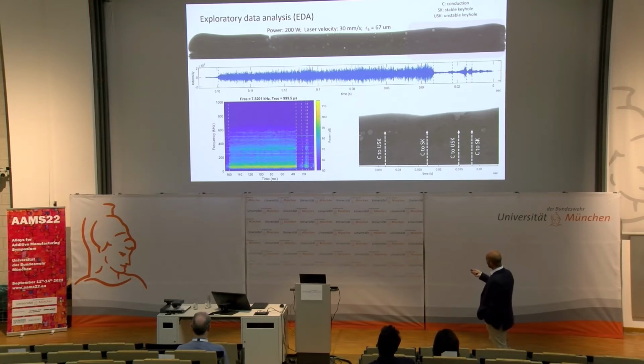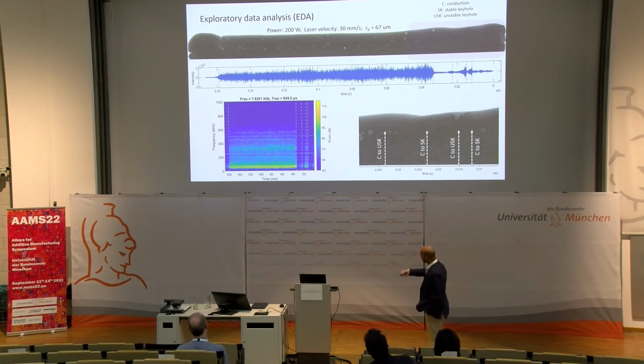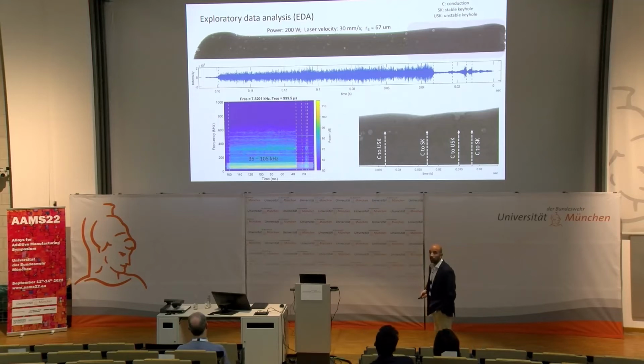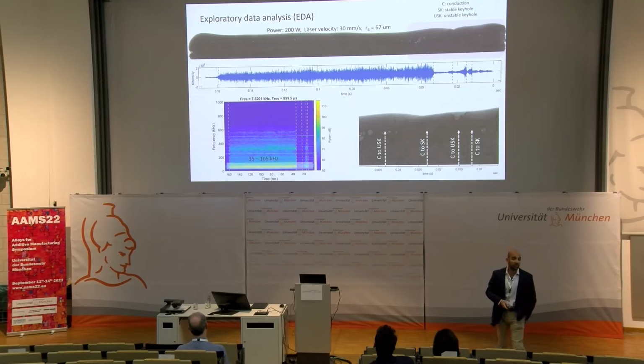They don't have a particular frequency. This information is spread in a large frequency range. But one can say that most of this information is carried at the frequencies of 35 to 105 kilohertz. So this was a starting point for us for filtering and signal analysis and so on.